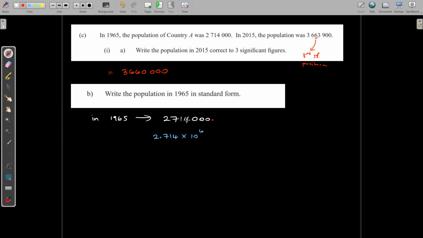And when writing it in standard form, it's usually a point something, let's say a times 10 to the n, and a here must be between 1 and 9.